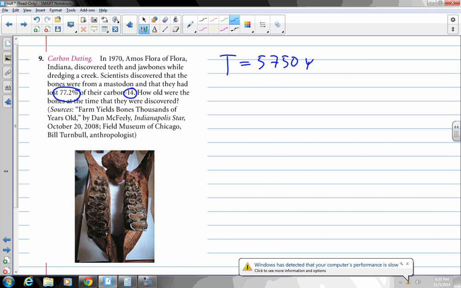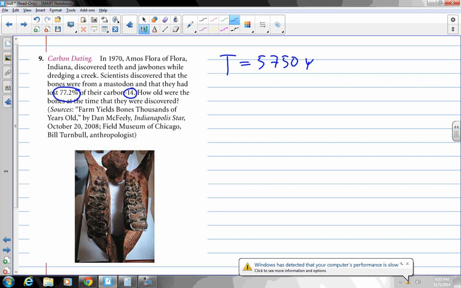When you do the carbon dating, what is your initial amount of carbon? Well, no, that 14 is the name of the carbon. We don't care. It has no numerical meaning to us. It's like carbon Steve versus carbon John.